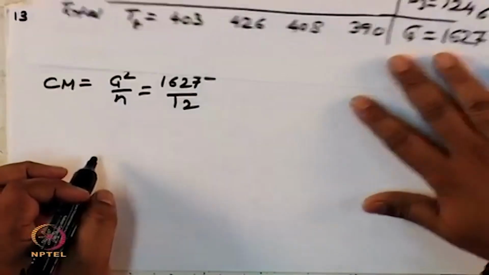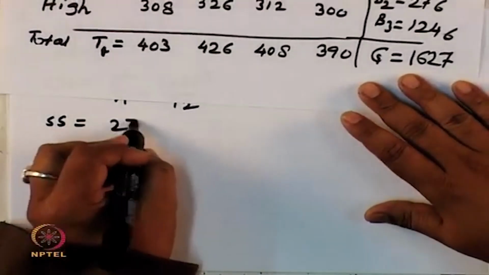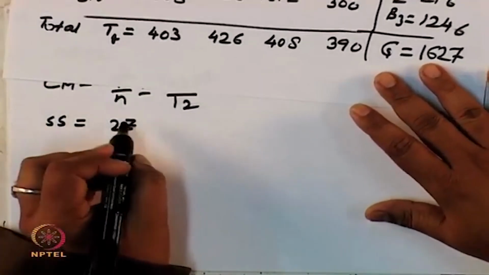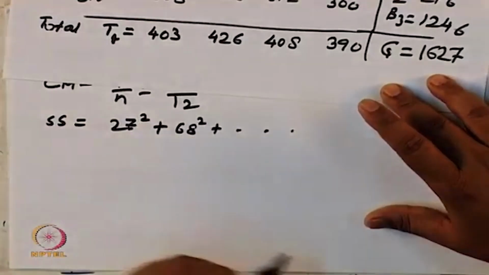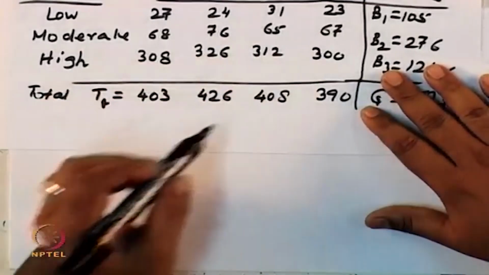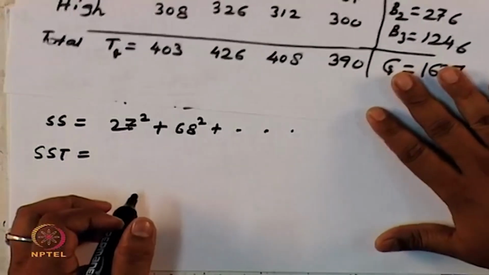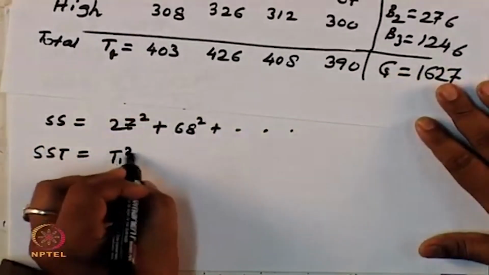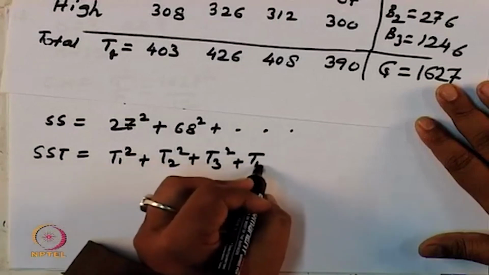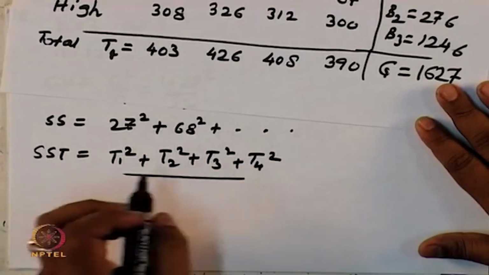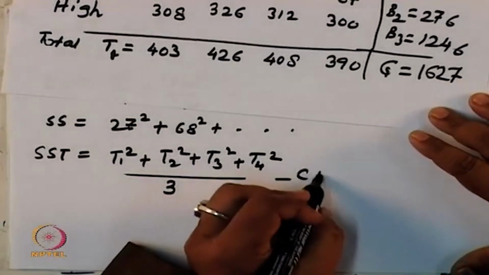My sum of squares is all these squares put together. So, you take the squares of all the observations, and you can calculate SST. SST is T1 square plus T2 square plus T3 square plus T4 square, by 3, minus Cm.